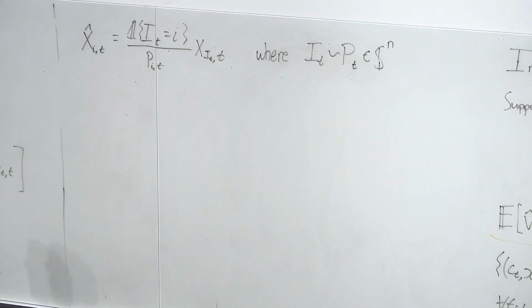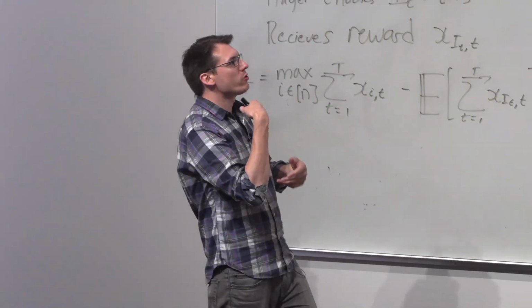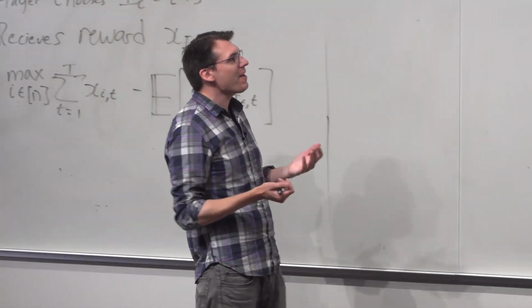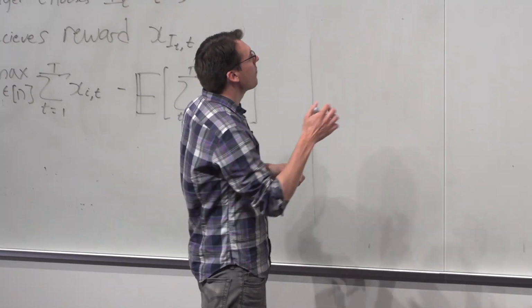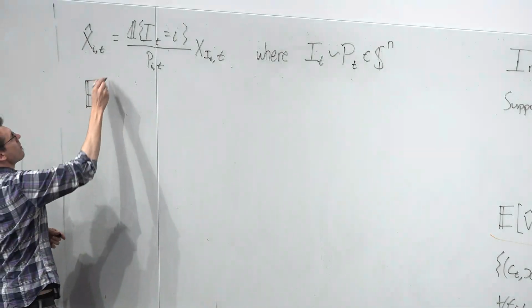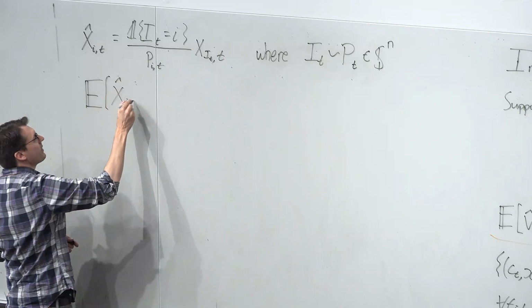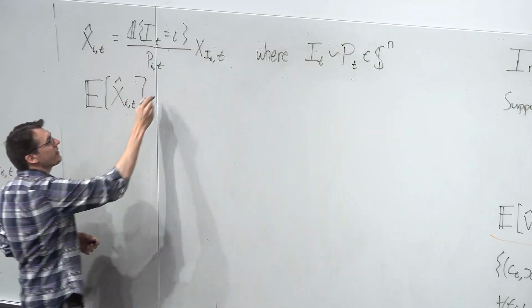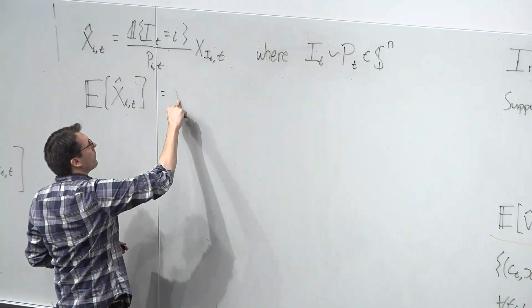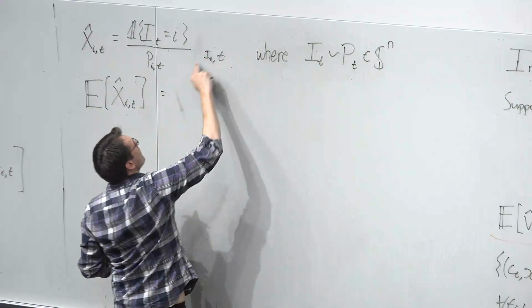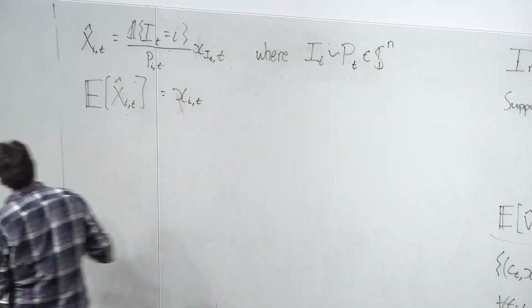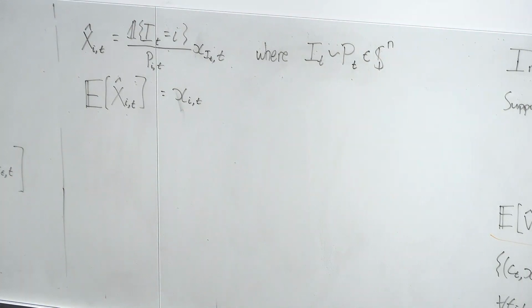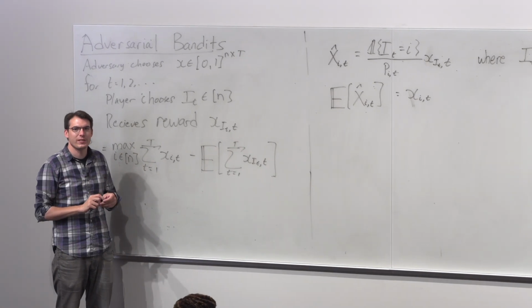so at each time t, if your algorithm defined some probability distribution p_t, and then you drew I_t from that distribution and played that, then by the same exact proof as we have over here, the same sequence of steps, for that given distribution, you can show that the expectation of x hat it for all i is equal to x_it, the true reward that you would have observed if you played action i at time t.